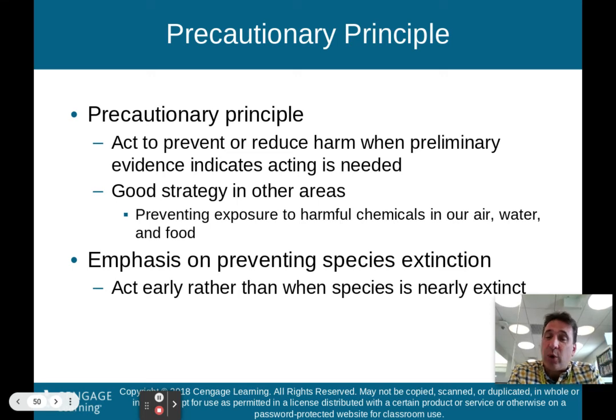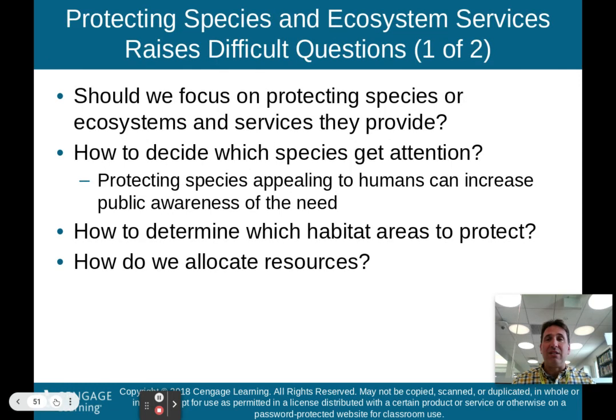In this case, the fire is obviously the reduction of biodiversity on the planet. So if you notice something is happening, if it looks like a creature may be starting to become threatened or extinct, don't wait until it's threatened or endangered or ends up on the endangered species list, right? Don't wait till it gets there. Deal with it initially, and therefore you can mitigate the problems. And this is the precautionary principle.